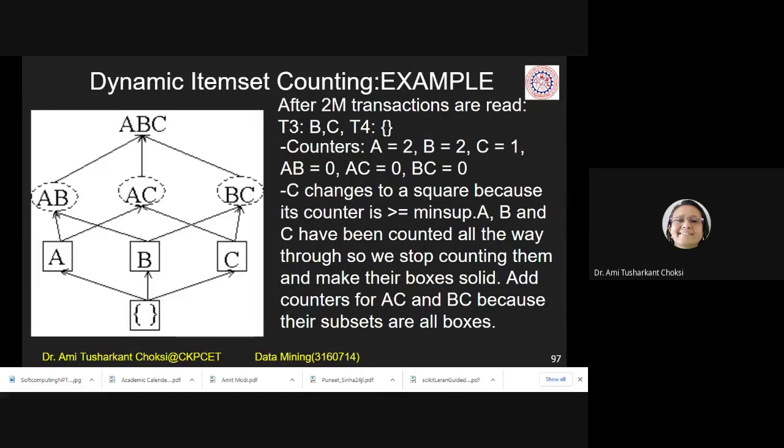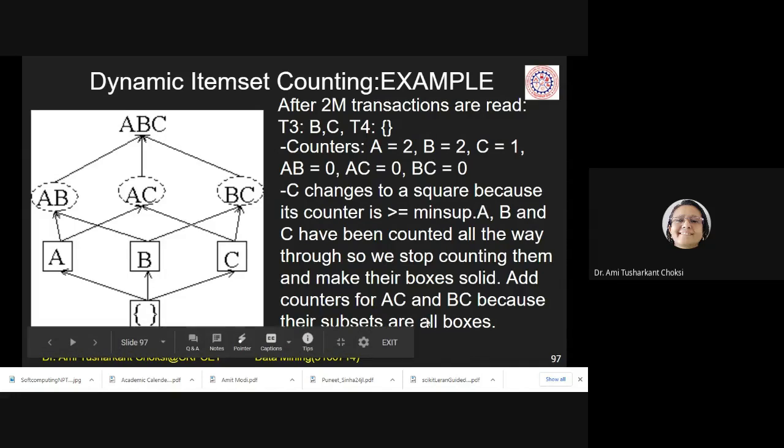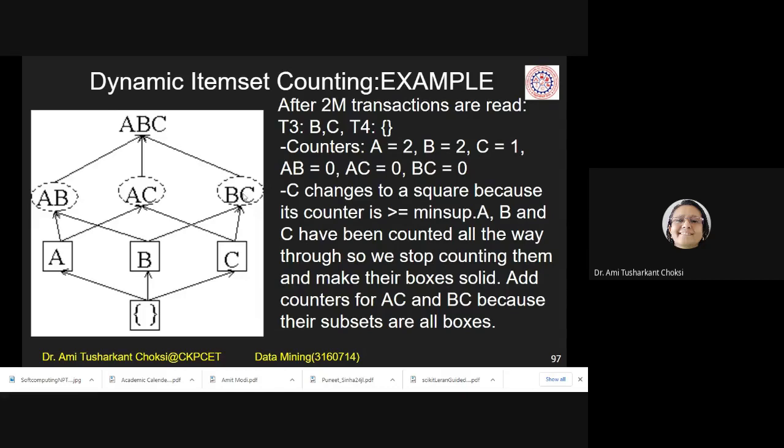Add counters for AC and BC. Because their subsets are all boxes. If their subsets are not boxes, we will not consider the dash for their supersets, right? Okay. So here, A and C, B and C are the subsets of AB, AC and BC, right?